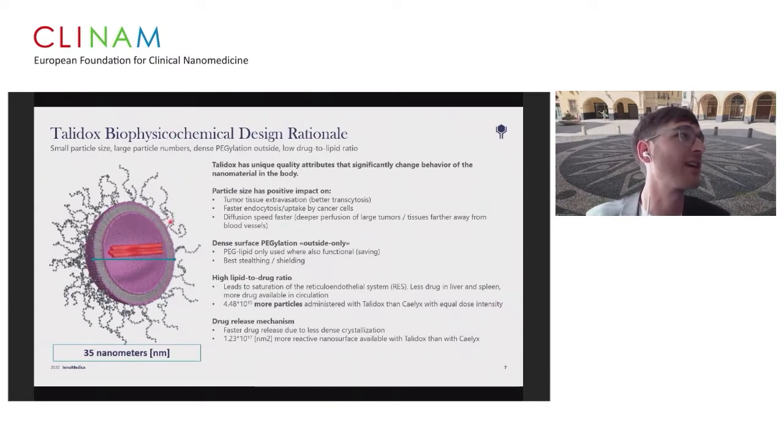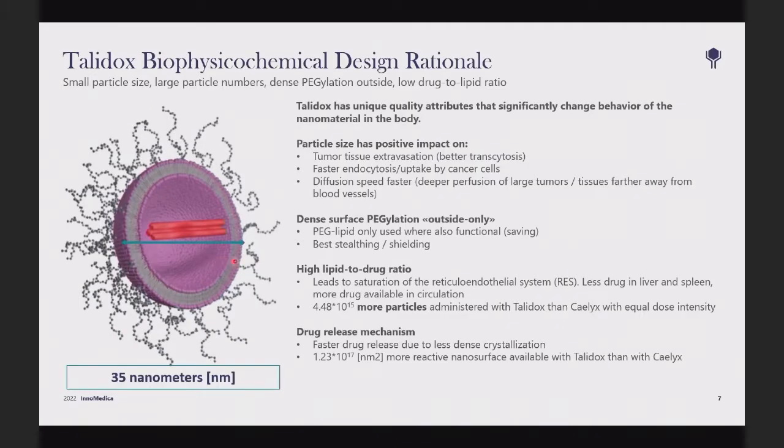So the biophysicochemical rationale of Talidox is manifold. The most obvious parameter is obviously size. It's very small, 35 nanometers in average diameter as measured by cryo electron microscopy. So having smaller particles is very beneficial, for example, to extravasate in tumor tissues, such as an effect called transcytosis.